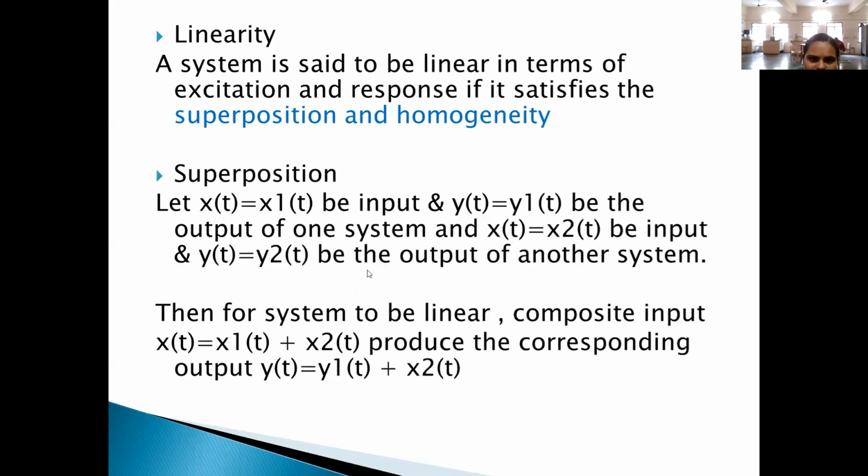Next, linearity. In electrical systems, you have learned how to tell whether a system is linear. Here also the same applies.